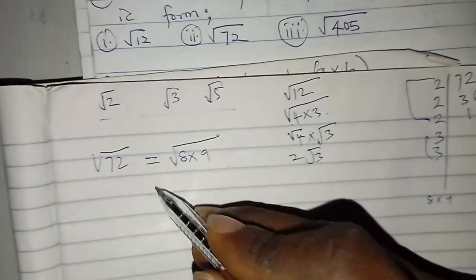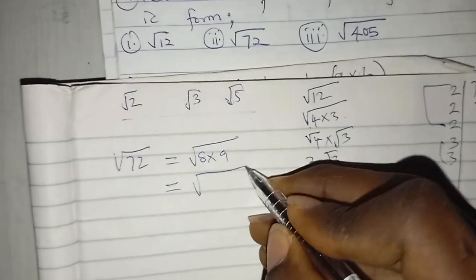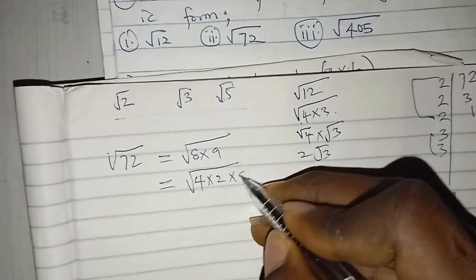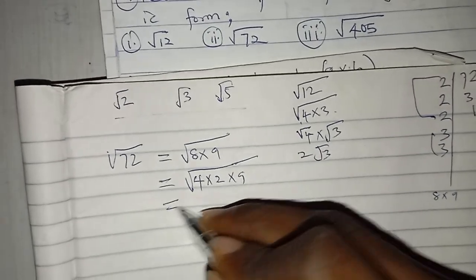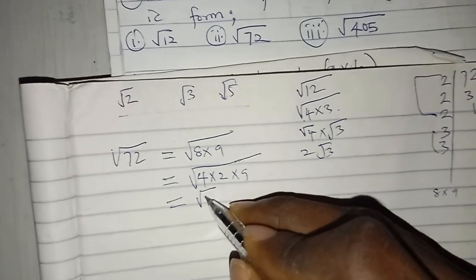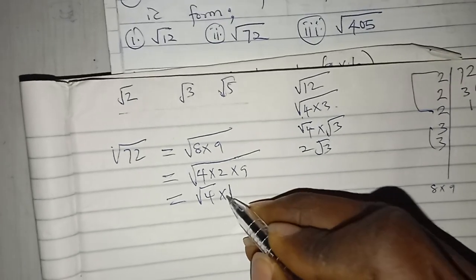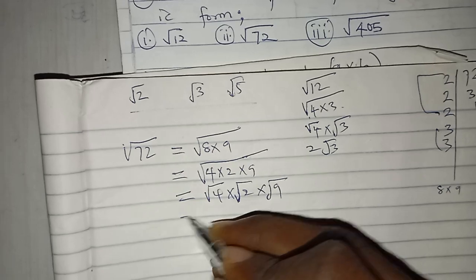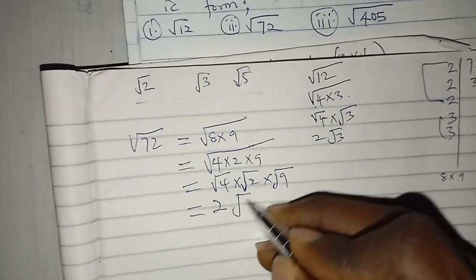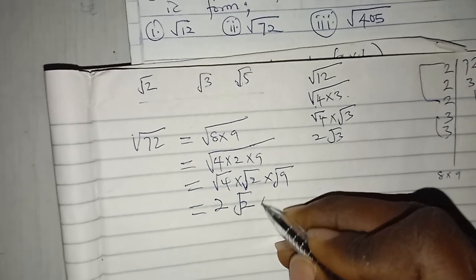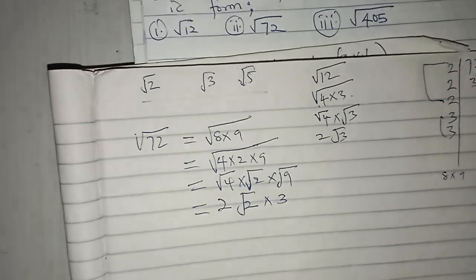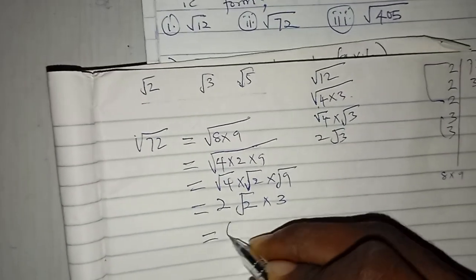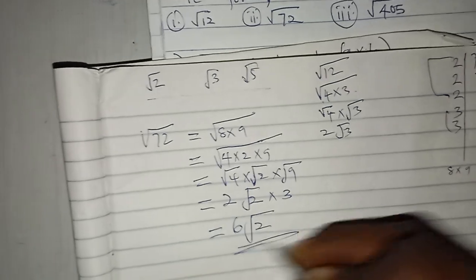And you can see that this is the same thing as saying root 4 times 2 times 9, which is root 4 times root 2 times root 9. This is the same thing as saying 2 root 2 times 3, because square root of 9 is 3. So this is going to be 6 root 2.